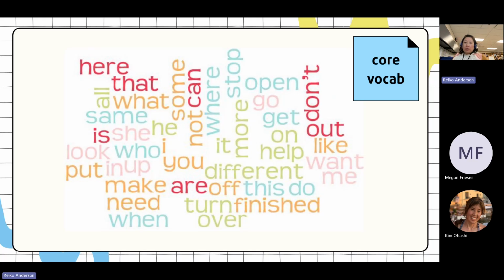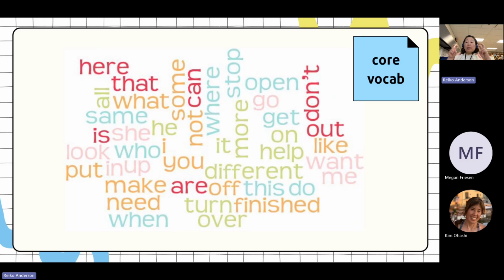So when you think about it, those 250 core vocabulary words, those high frequency words, are going to be the most important, right? So those are words like go, more, on, help, like, want. These are the words that are on the homepage of a student's AAC system, right?